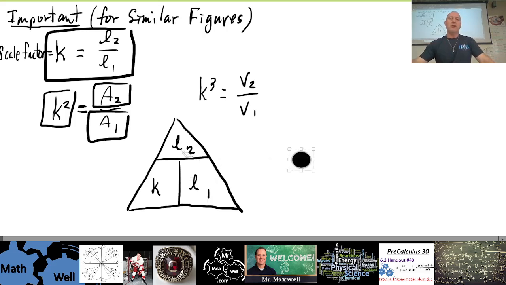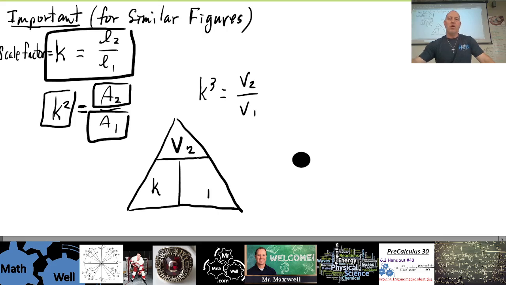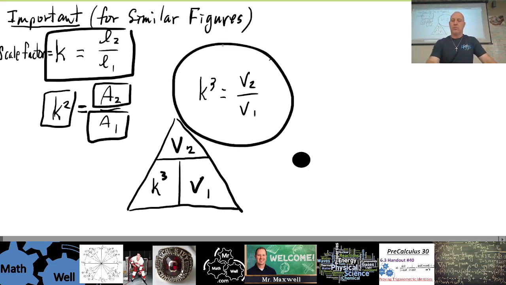And of course, if this is the cube that we just talked about today, so this is volume 2, volume 1, this would be k cubed, right? So in order to find k cubed, that's volume 2 over volume 1. If you want to find volume 1, the original object, and you're given the volume of the scale factored object, then do volume 2 divided by k cubed and so on.